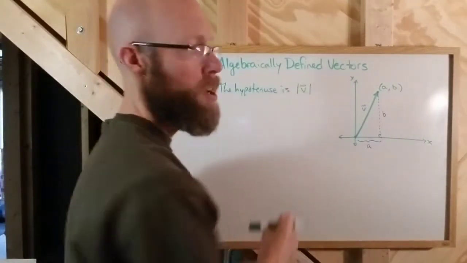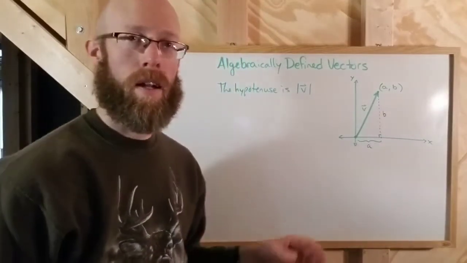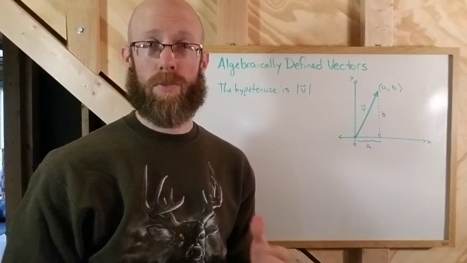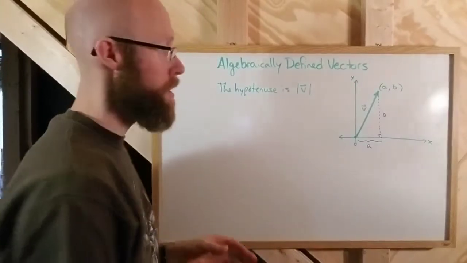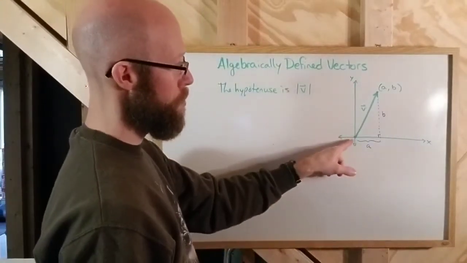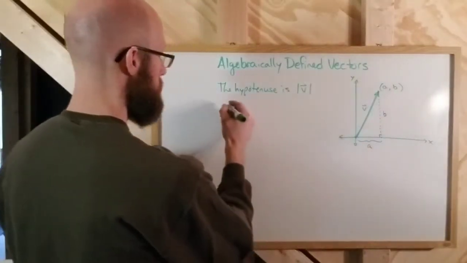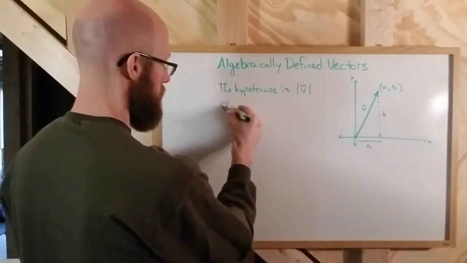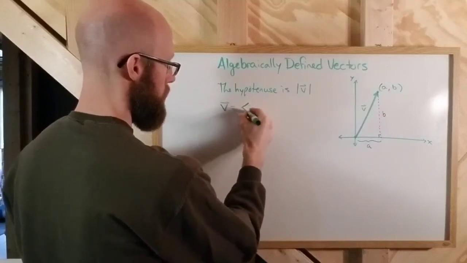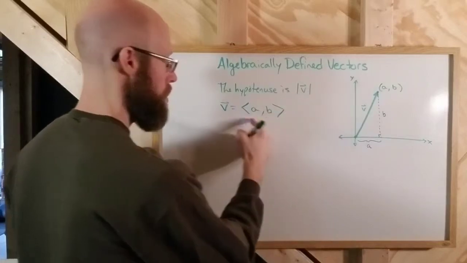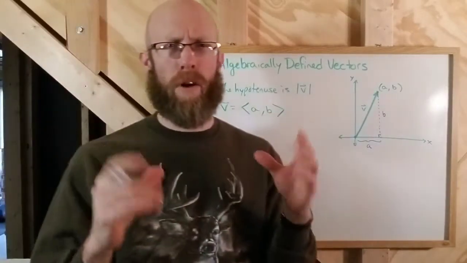Okay, so now we're going to define v algebraically. So here's the important part. If the initial point is at the origin and the terminal point is at (a, b), then vector v is defined algebraically as ⟨a, b⟩ with these pointy brackets around it.